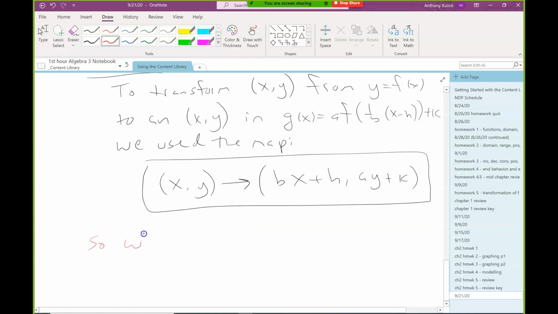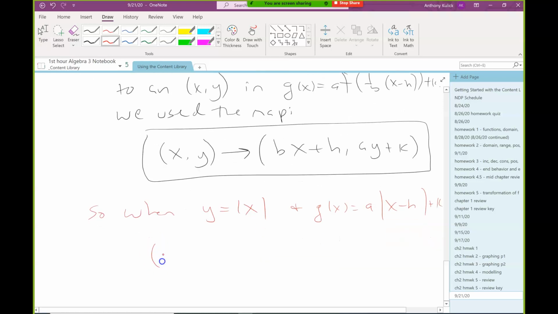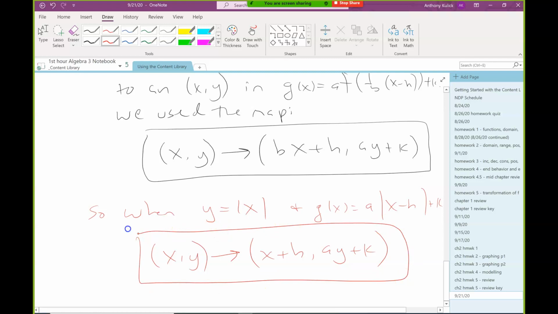So when we're talking about y equals f of x and g of x equals a times the absolute value of x minus h plus k, the map we'll use is almost the same thing, but here we can just forget about the b value, since we established just a moment ago that our b value doesn't really matter.